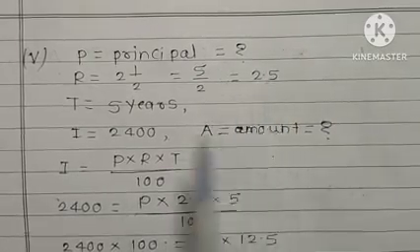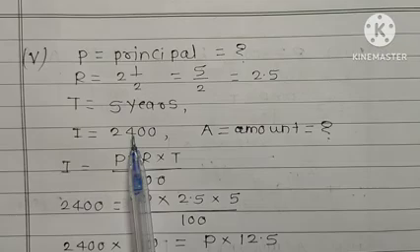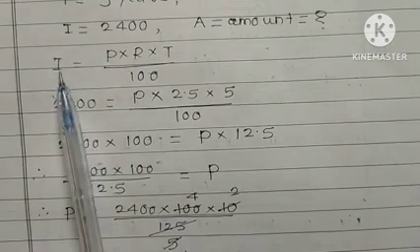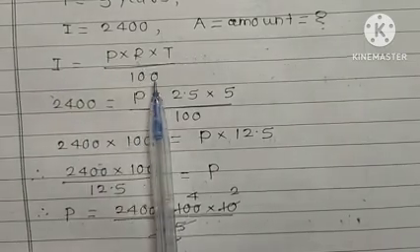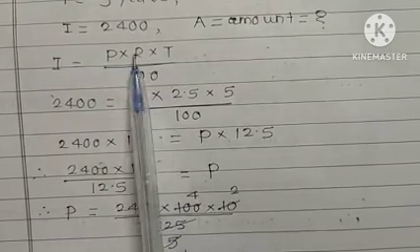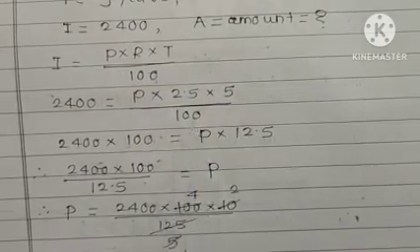That means 2.5. T 5 years. I 2,400. Amount is to calculate. I is equal to P into R into T upon 100. I 2,400, P we don't know, R 2.5, T 5 upon 100.